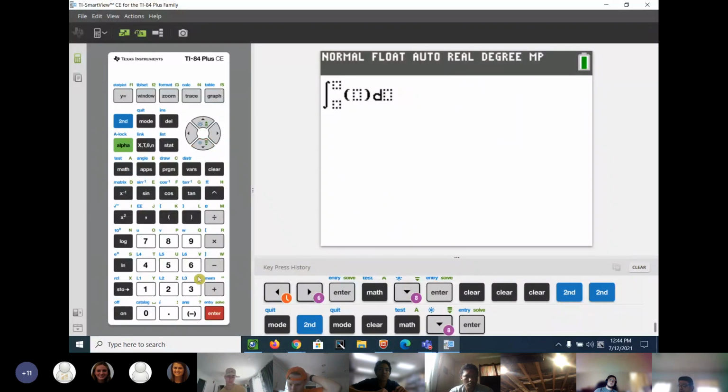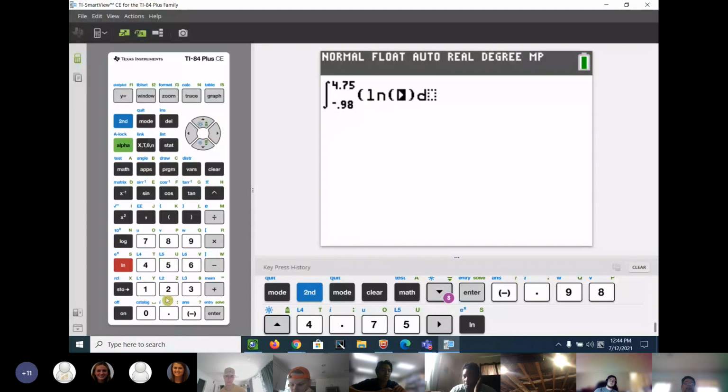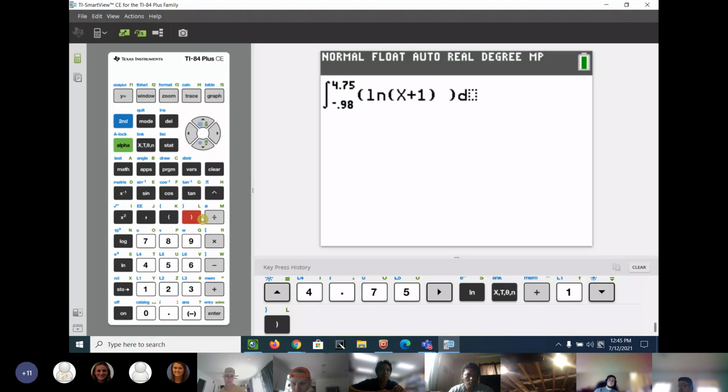and that's going to be from negative 0.98 to 4.75, and that's going to be natural log of x plus 1, in parentheses, and also plus 5, close parentheses, and I'm going to put another set of parentheses up here.